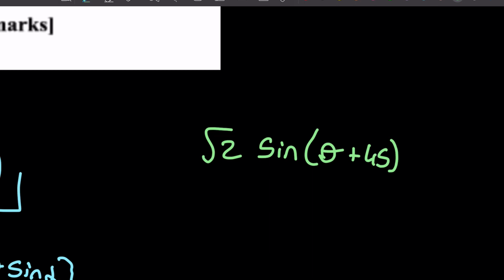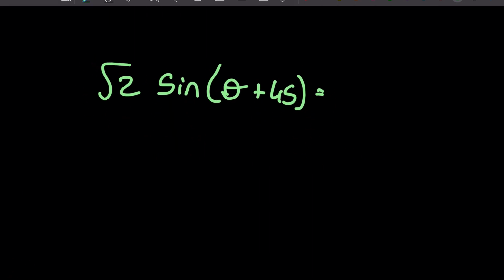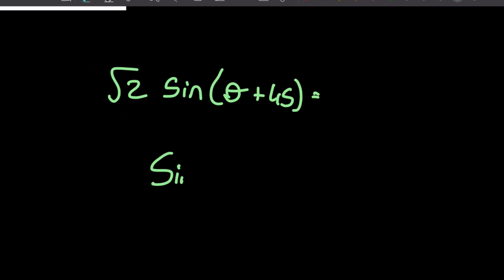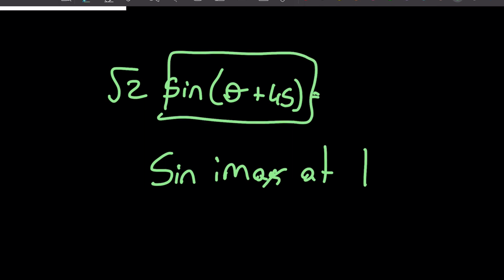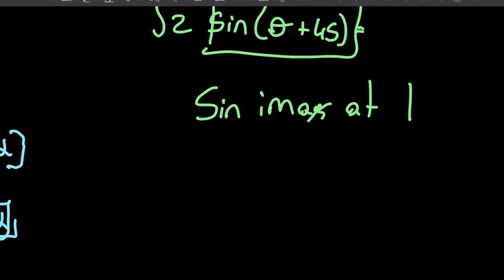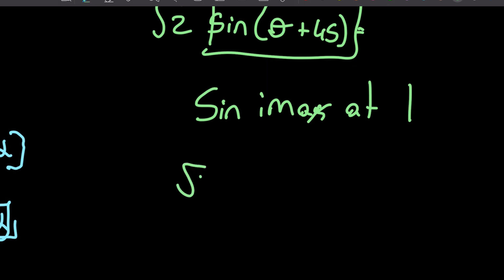So you know that sine is max at 1. Therefore, this would have to be at 1 for it to give us our maximum value. And if that's equal to 1, then the maximum value is equal to root 2 times 1. Therefore, the maximum value is equal to root 2.